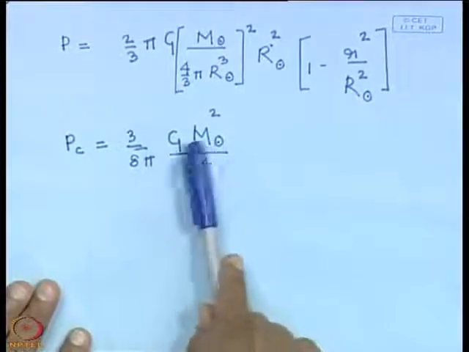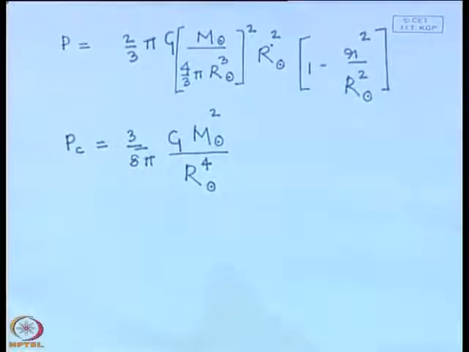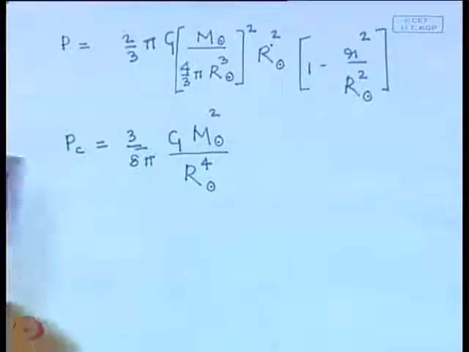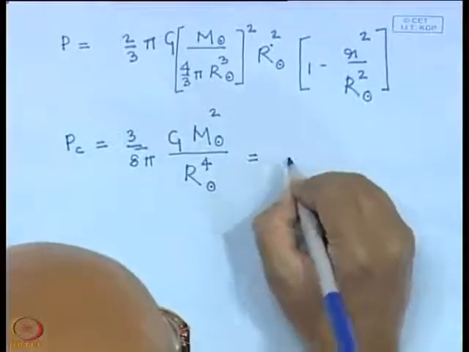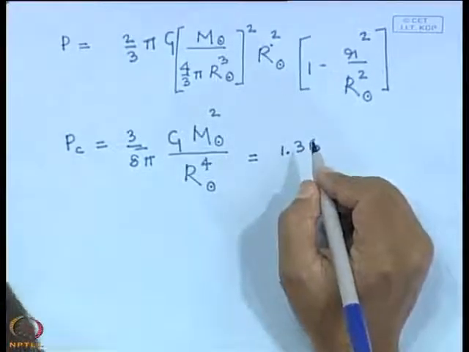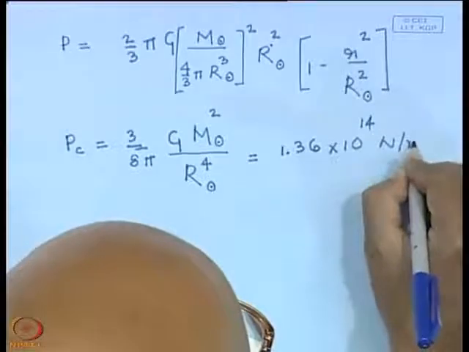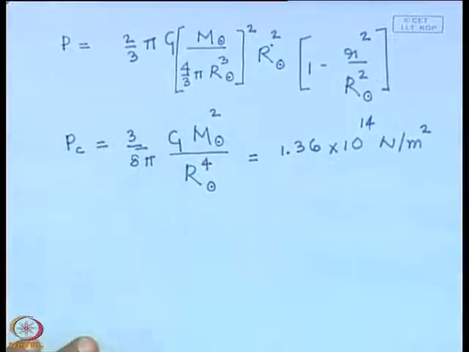So we can put in the values of G, the mass of the sun, and the radius of the sun, and we get an estimate of the pressure at the center of the sun, and this comes out to be equal to 14 newtons per meter square. I will ask you to yourself check this, just put in the numbers and calculate this, check it for yourself.